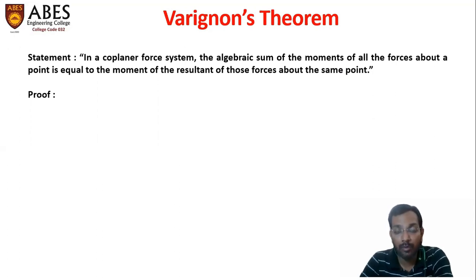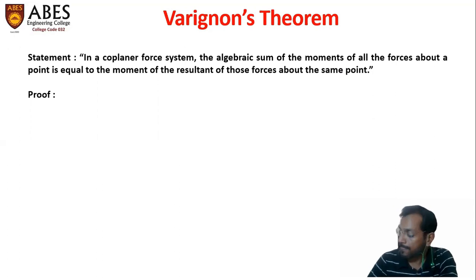This sum of the moments of these three forces will be equal to the moment of the resultant of those forces, R multiplied by T, meaning the resultant and the distance of the line of action of the resultant from the same point, the point from which we are taking the moments of the other three forces.